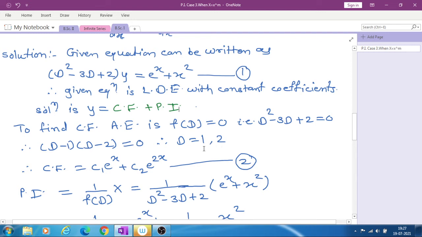Therefore d minus 1 is equal to 0, so d is equal to 1, and d minus 2 is equal to 0, so d is equal to 2. So the roots of the auxiliary equation are real and distinct, not repeated. So we write CF as C1 e raised to m1, that is 1x, plus C2 e raised to m2, that is 2x. So this is CF.